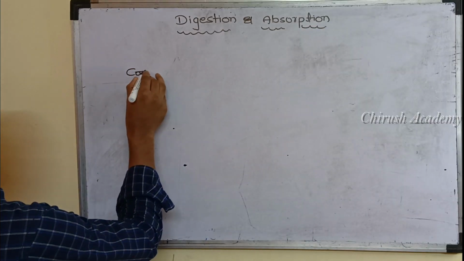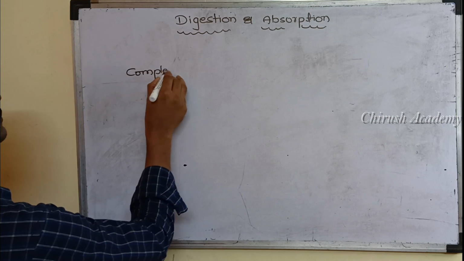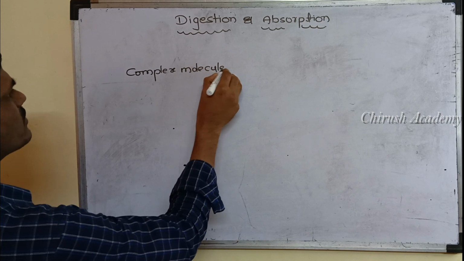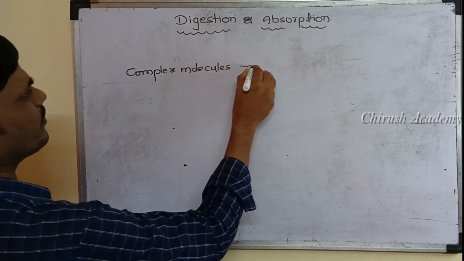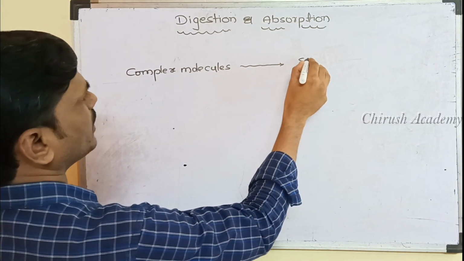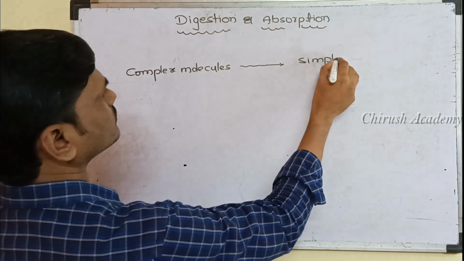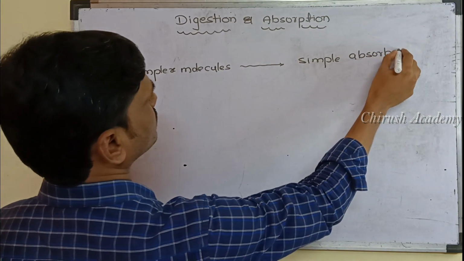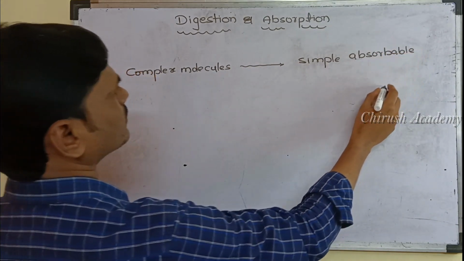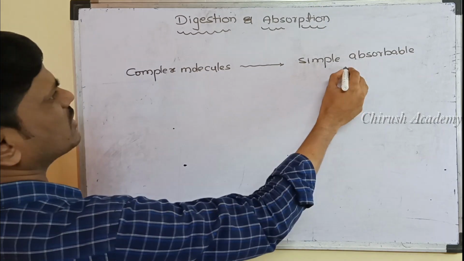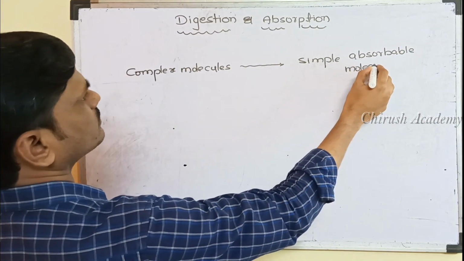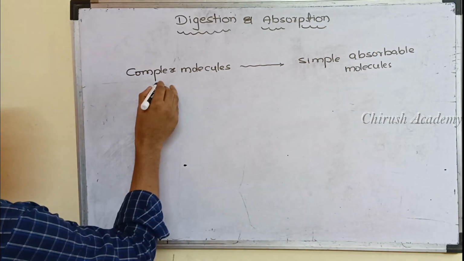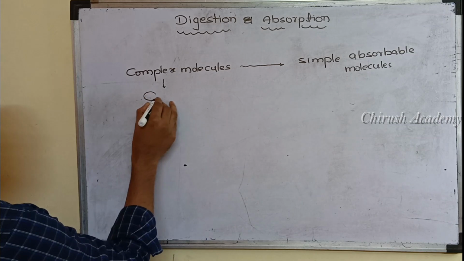Complex molecules of the food are converted into simple, absorbable molecules.